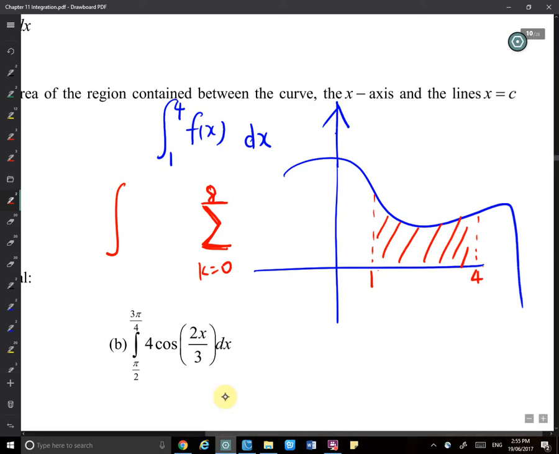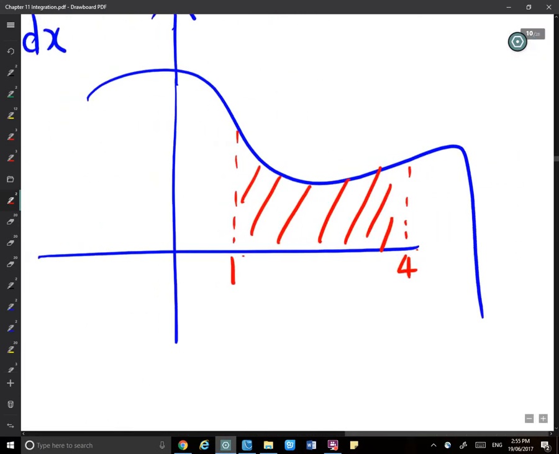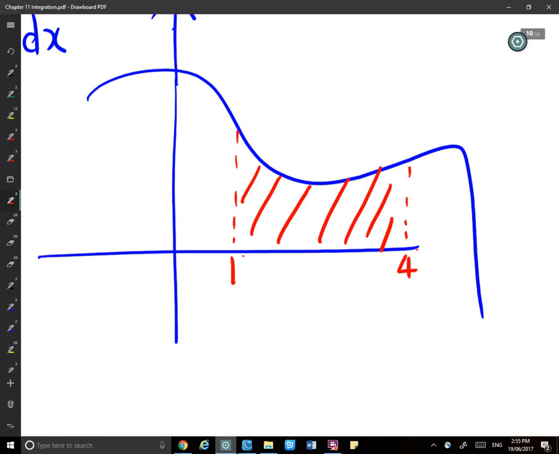As I explained before, I use 3 rectangles to estimate the area. It's not very accurate. They have a lot of empty space or overestimate. But think about if I use 1,000 rectangles to estimate this, doesn't matter left-hand side or right-hand side rectangles, it will be very close to the actual area.